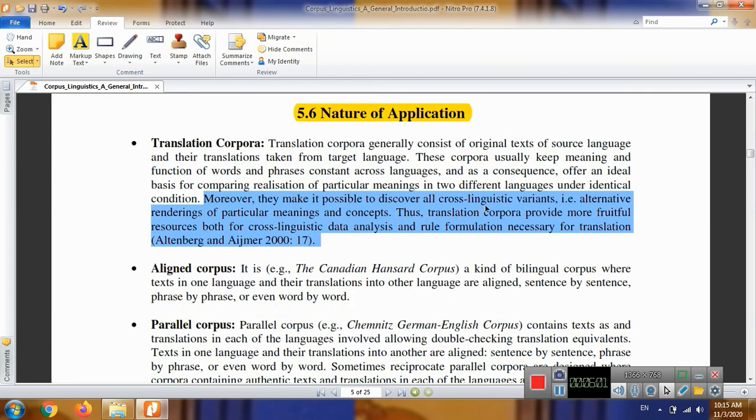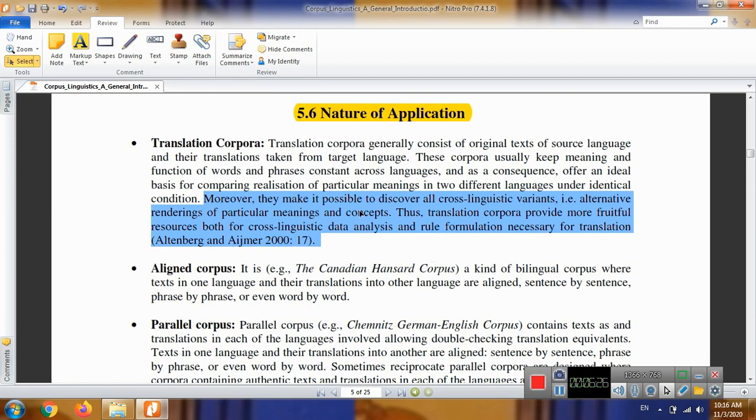Moreover, they make it possible to discover all cross-linguistic variants, like alternative renderings of particular meanings and concepts. Such translation corpora provide more fruitful resources both for cross-linguistic data analysis and rule formulation necessary for translation.